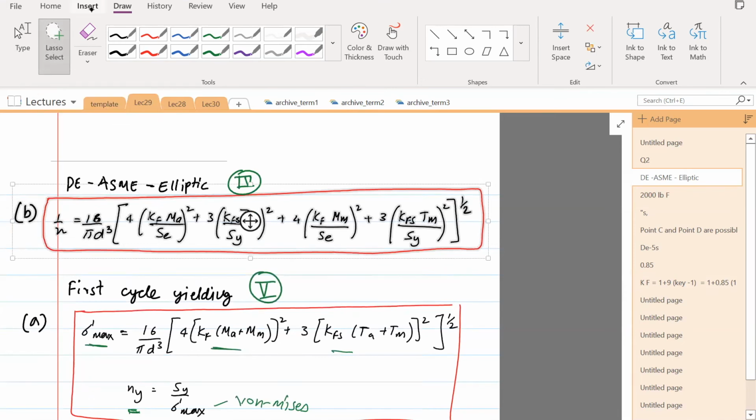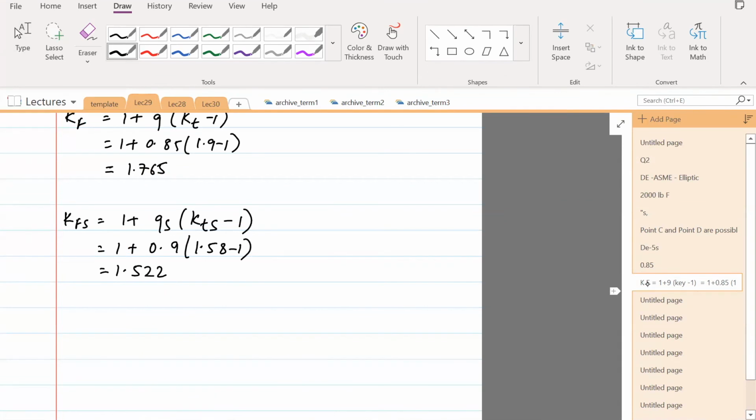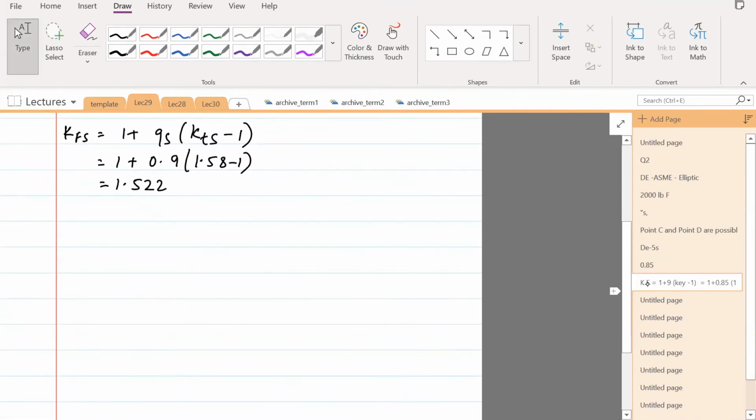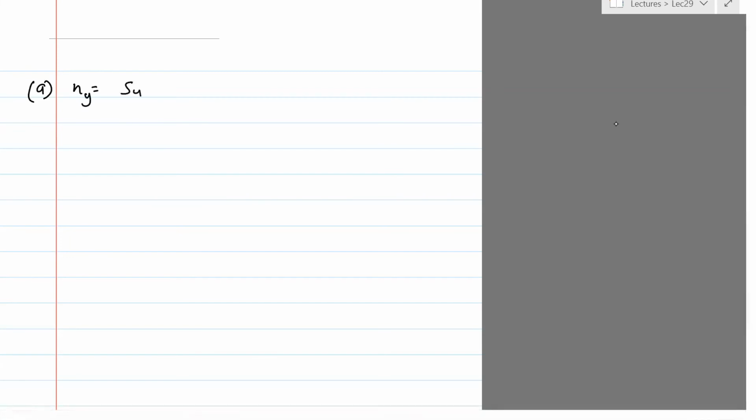Let me just write it down from scratch. So I think the first problem was to compute static yielding, so let's do that first. New page. The formula for static yielding is as follows. Factor of safety, which is NY, is SY divided by sigma prime max.